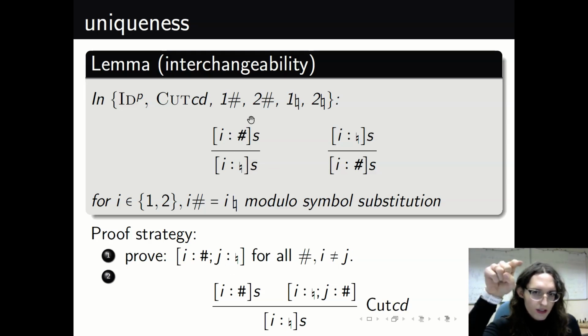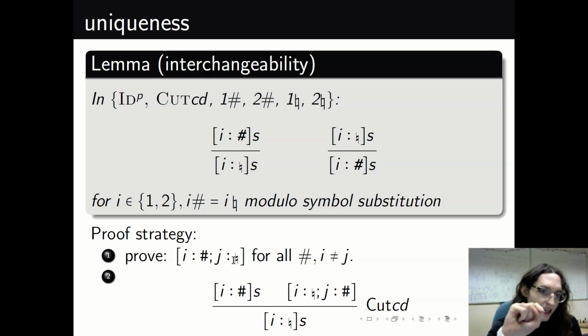So we've got vertical interderivability we want to prove. We prove horizontal interderivability. So if you have a hash formula on the left of the sequent, you can have the natural formula on the right side of the sequent, and again vice versa, and then just cutting over this little theorem for each of the relevant cases using our context differentiating cut.